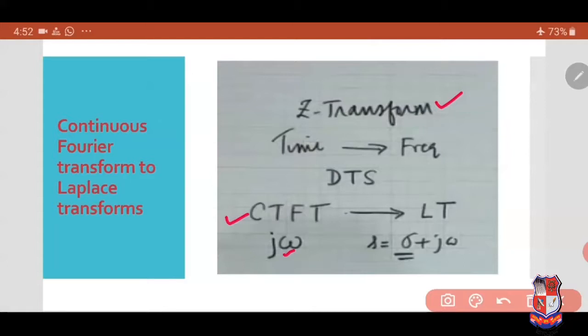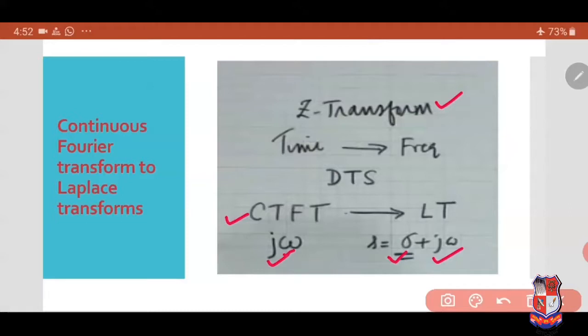Now CTFT is generalized to the Laplace transform by going from j omega to sigma plus j omega. When we generalize CTFT into the Laplace transform, our j omega is generalized to sigma plus j omega. That means we introduce the real part sigma over here.